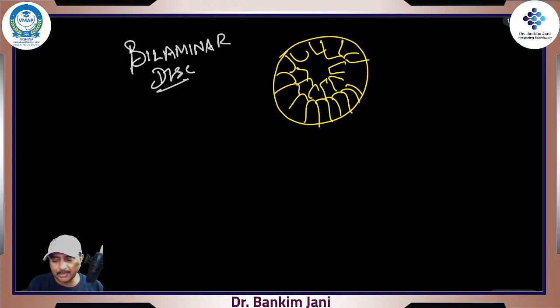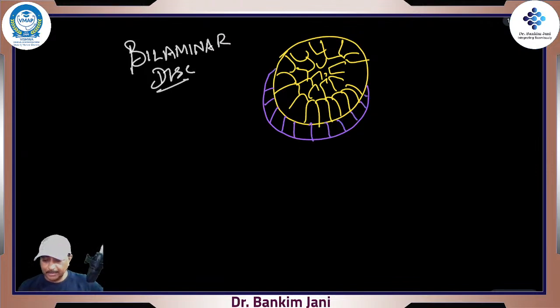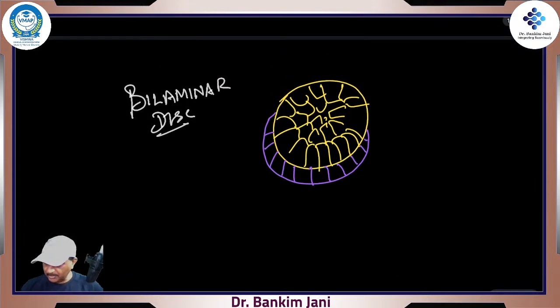So basically, it is a flat area where the disc is, and just underneath that disc there would be another disc. This will be underneath it, right? What is there on the top of it?